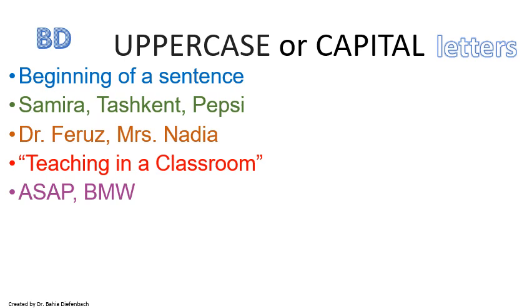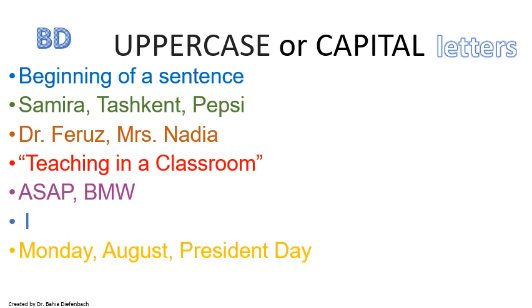Also for acronyms and initials, this is an acronym, ASAP. They are all capital letters. And the names of initials, BMW, for example. When I'm talking about myself, the I is always capital.